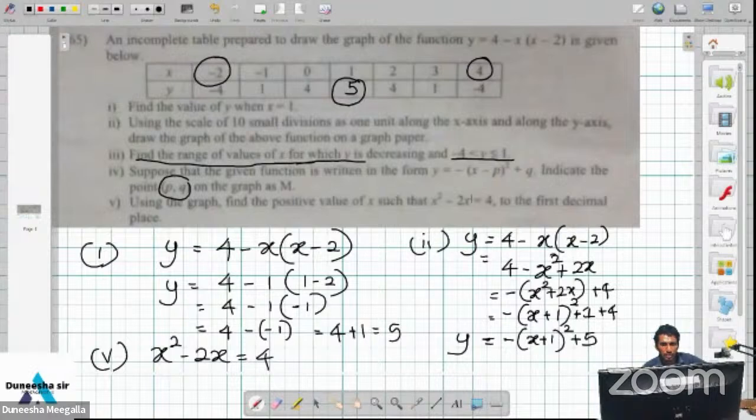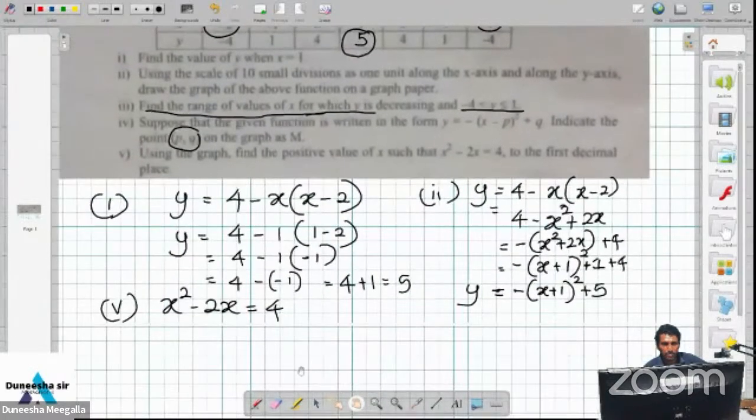Okay. Then what is our function? What is our function is? y equals 4 minus x square plus 2x, like this. Okay.